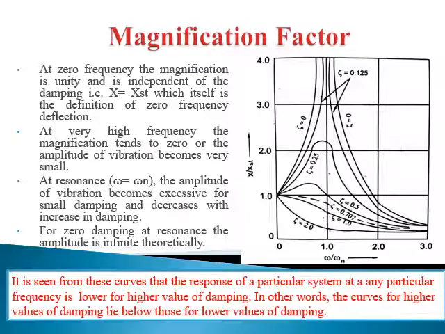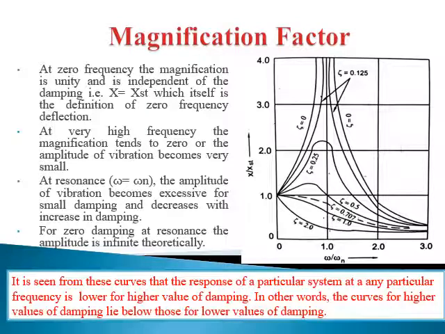Now we are discussing this magnification factor curve between omega by omega n and X by X static, with magnification factor on the y axis and omega by omega n on the x axis. It is like this. At 1, when omega equals omega n, that is the resonance condition.